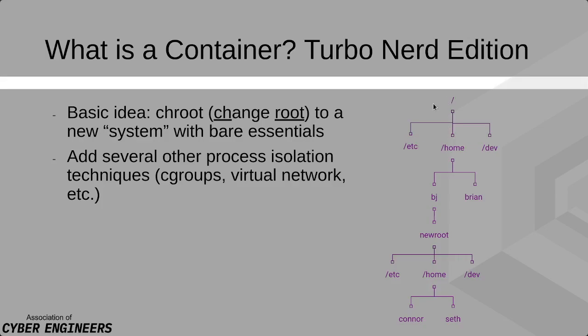And the file system is a singular tree where you've got a root that has several different subdirectories. So you've got your etc directory where configuration files are stored. You've got your dev directory, which is where you can interact with devices, things like that.